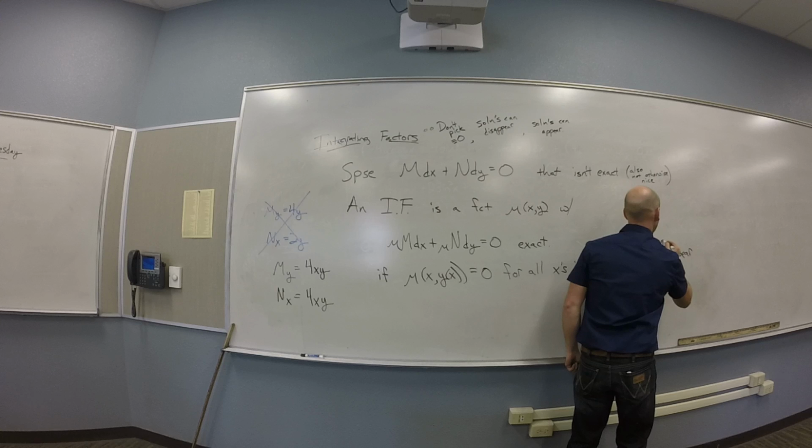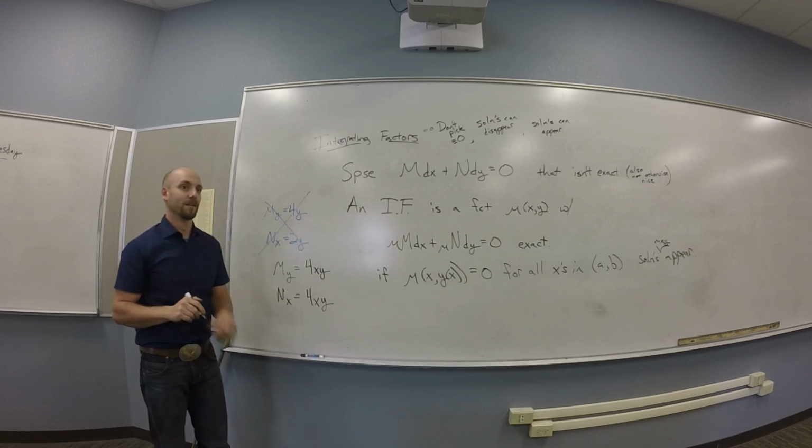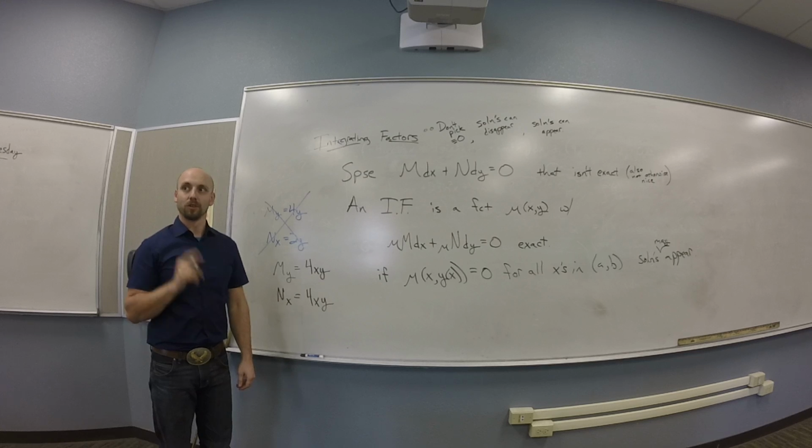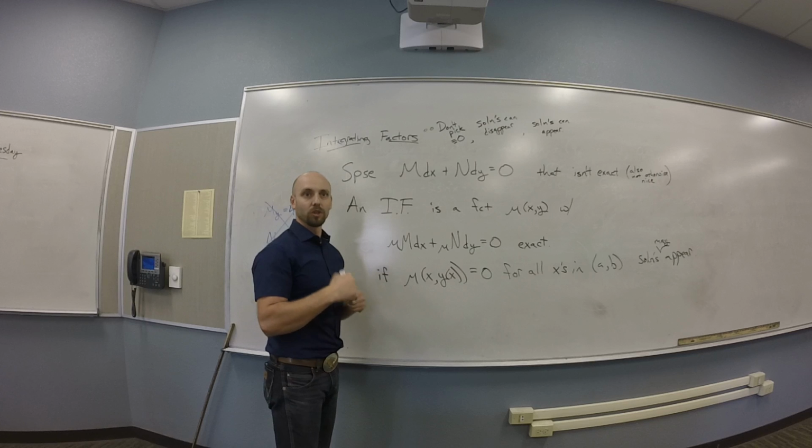I suppose I should say "may" up here, because they could still be a solution even if this does happen. So solutions might appear if you have a mu that has a whole bunch of zeros all strung together.